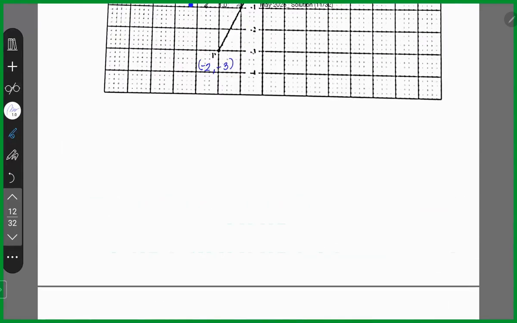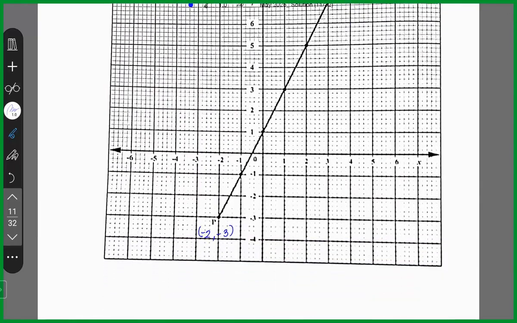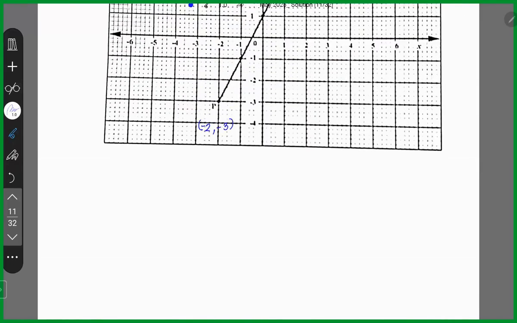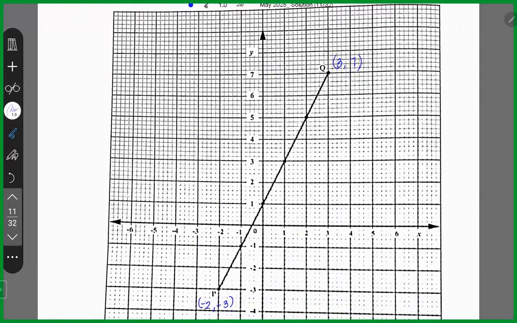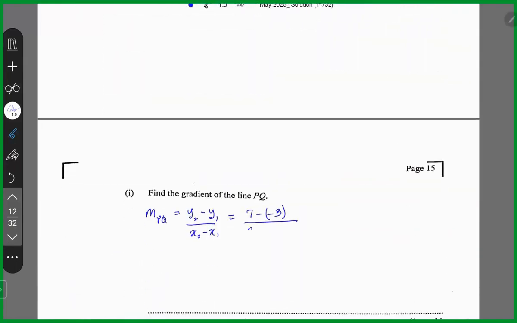So it would be 7 minus -3 over 3 minus -2. So this would be 10 over 5. The gradient of PQ is 2.